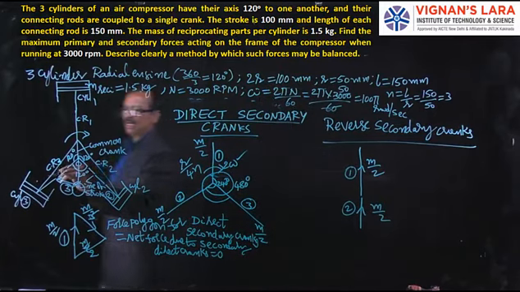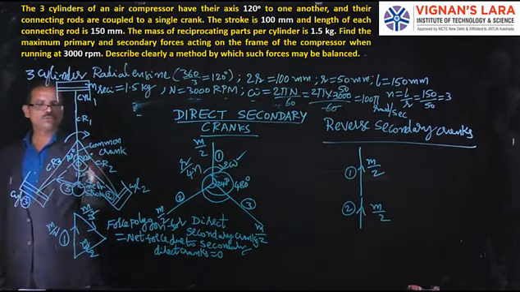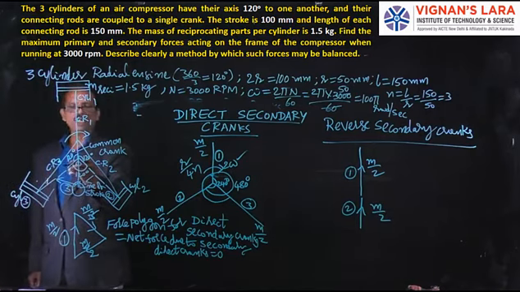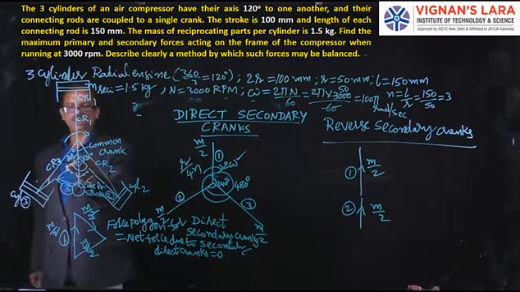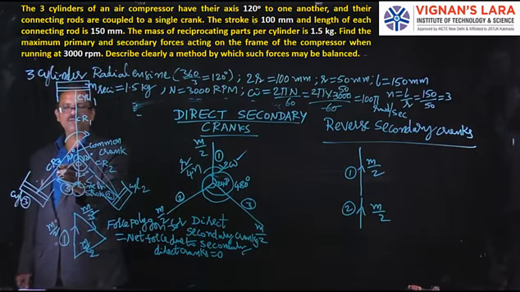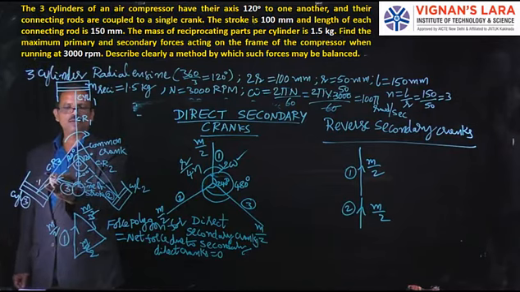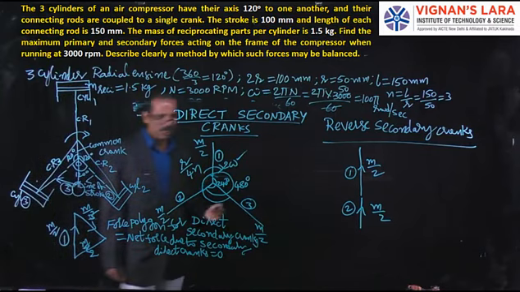Then coming to the third one, this is 240 multiplied by twice, 480, and 480 to be added in the reverse direction. Then if I start here measuring 480, it comes once again vertically upward.